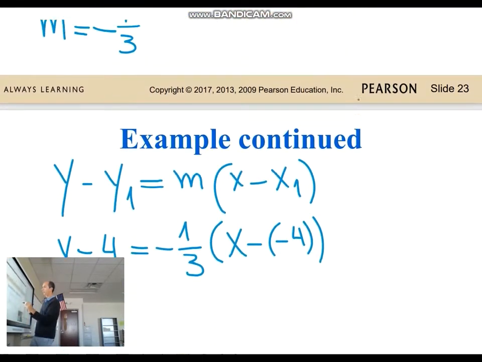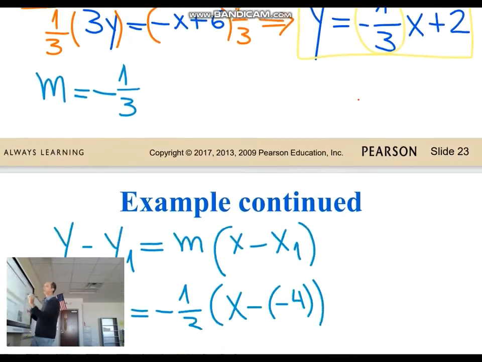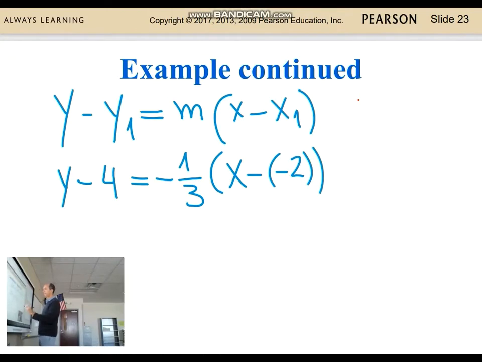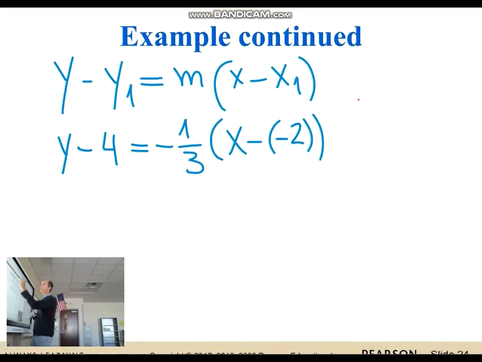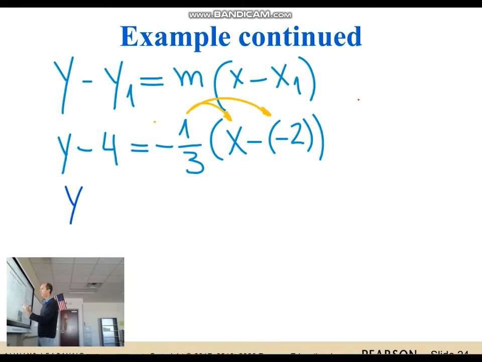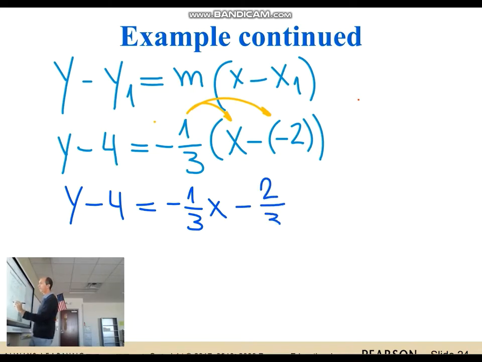Sorry, wrong: x minus -2. Apply the distributive property. We have y minus 4 equals negative 1 over 3 x, negative times negative is positive, negative 2 over 3.